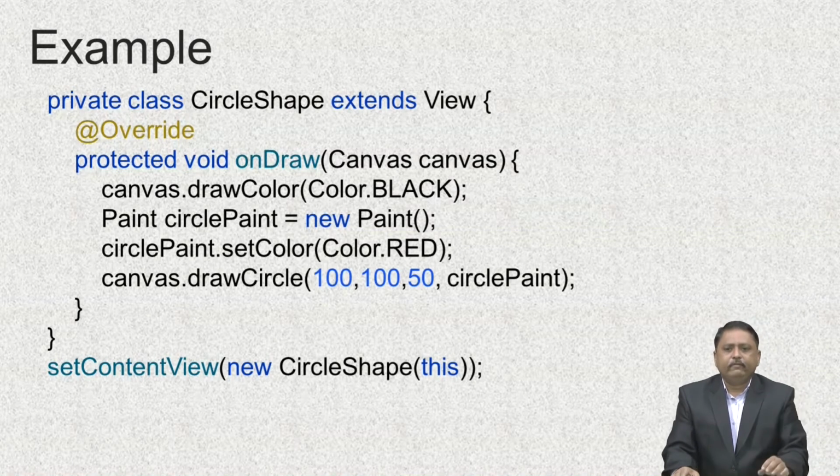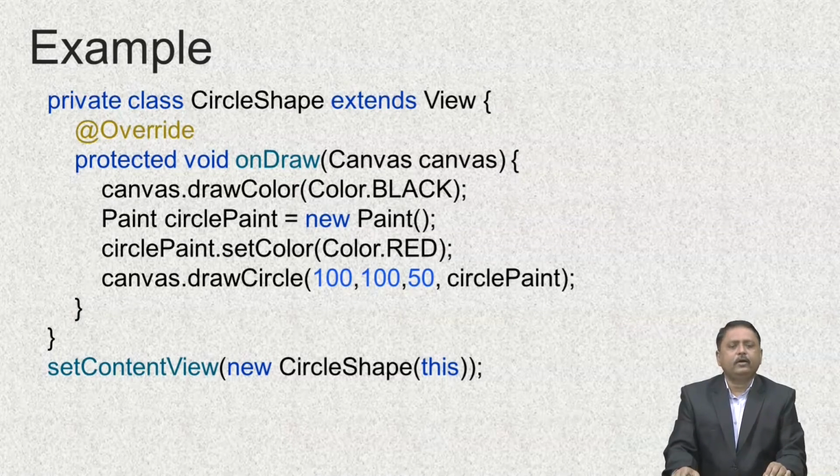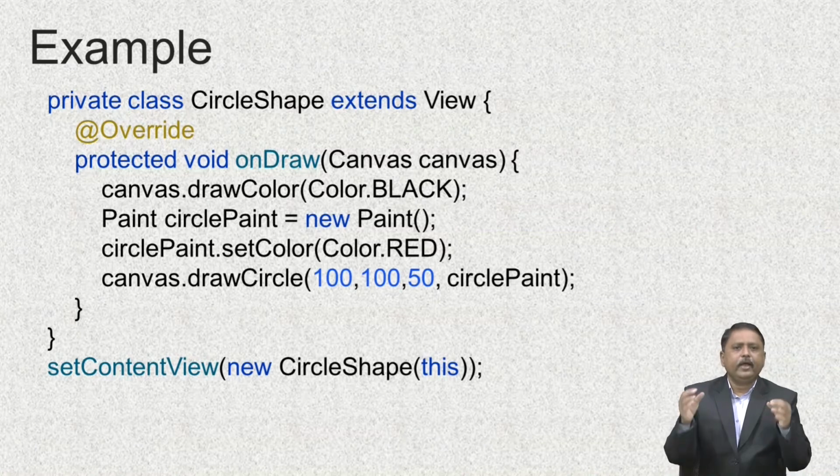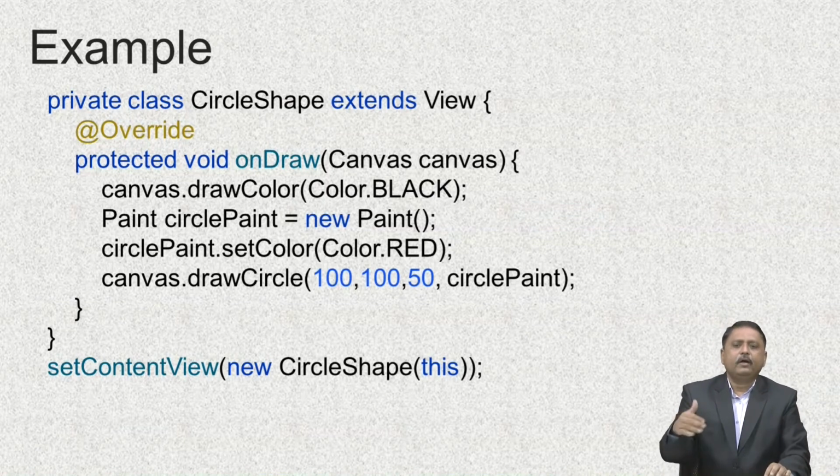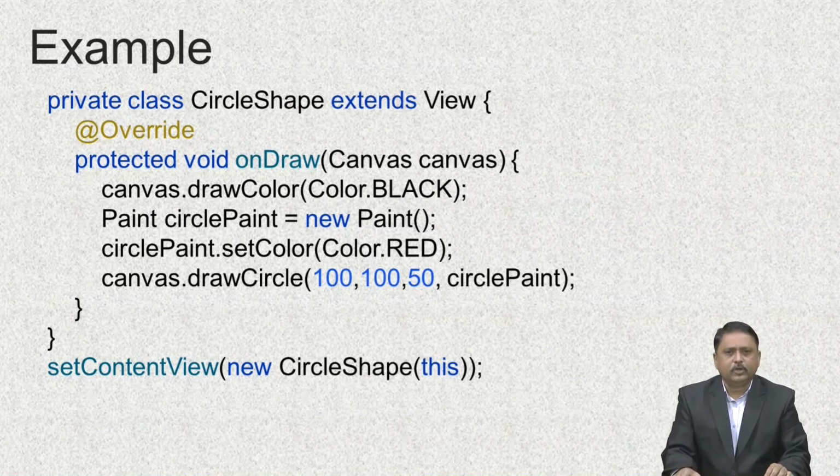In the third line we write circlePaint.setColor(Color.RED). What does it mean? It means whatever we draw on canvas should be filled with color red. Then we actually draw the shape. Here I write canvas.drawCircle.